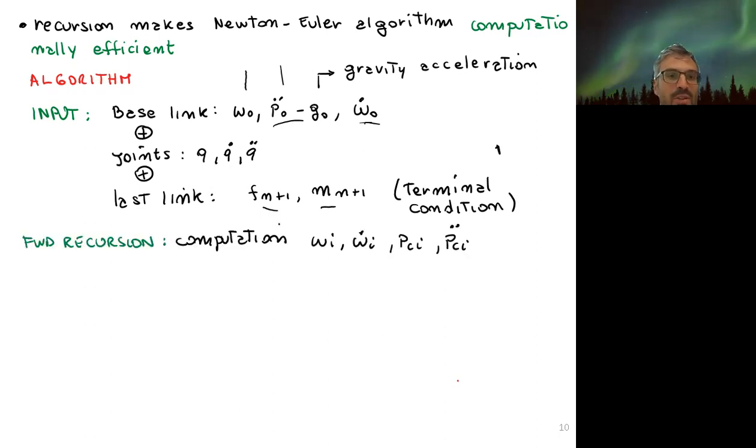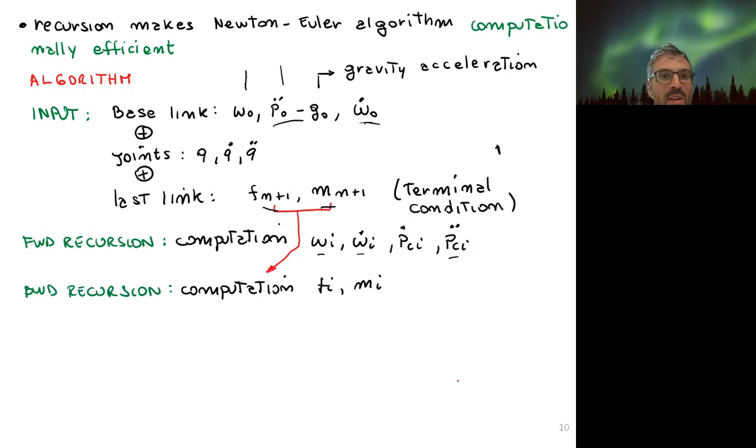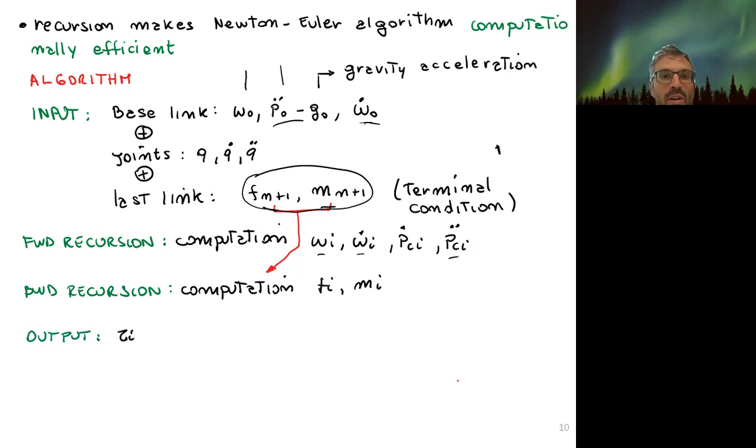Then by forward recursion, using all this data, we can compute the angular velocity, angular acceleration, linear velocity, and linear acceleration for each link, and in the case of linear acceleration and velocity, for the centers of mass. Then we do the backward recursion starting from the end effector force and moment, compute the force and moments for each link, and then project through the axis and get the torques.